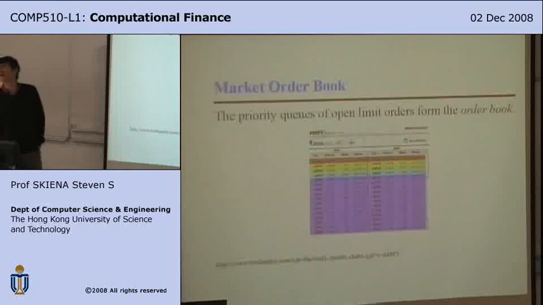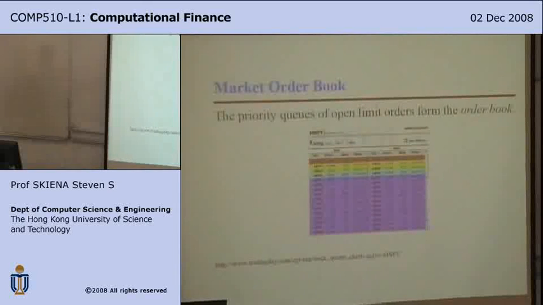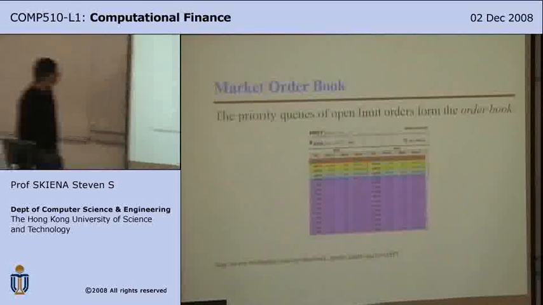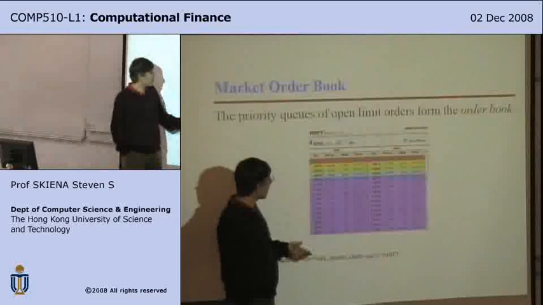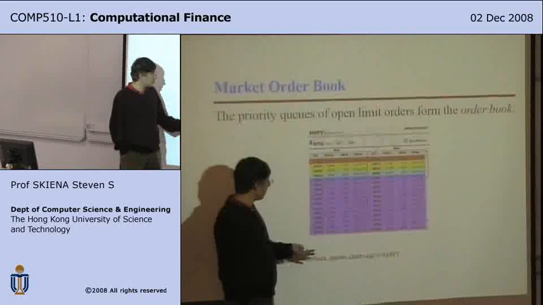Yeah? There's like a ridiculous trade order. For example, I bid at a ridiculously low price, would that order stay there forever? So in principle, if you scroll down here, there are ridiculously low orders in there.